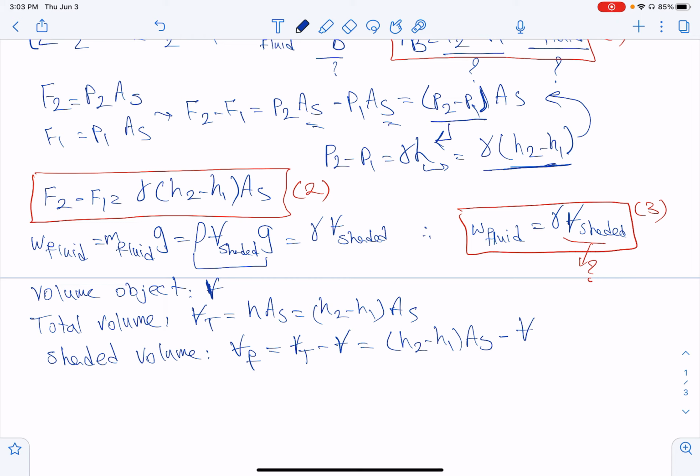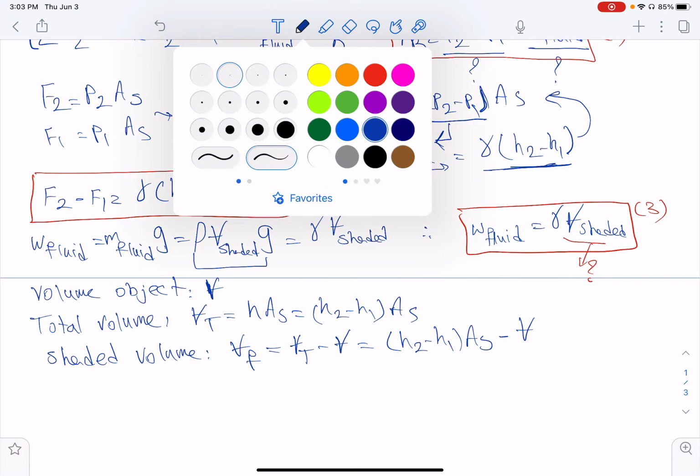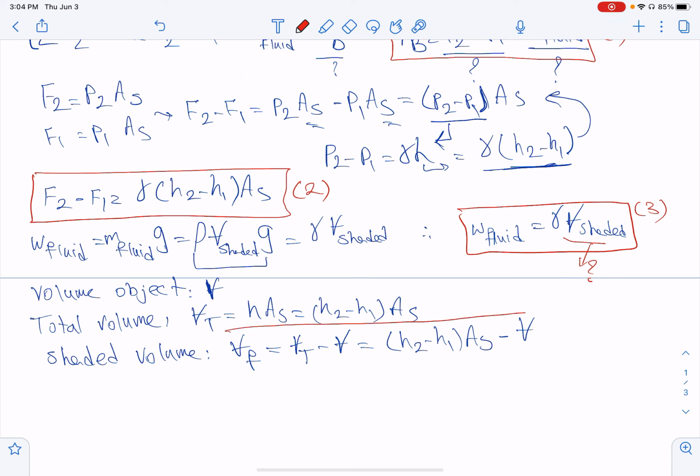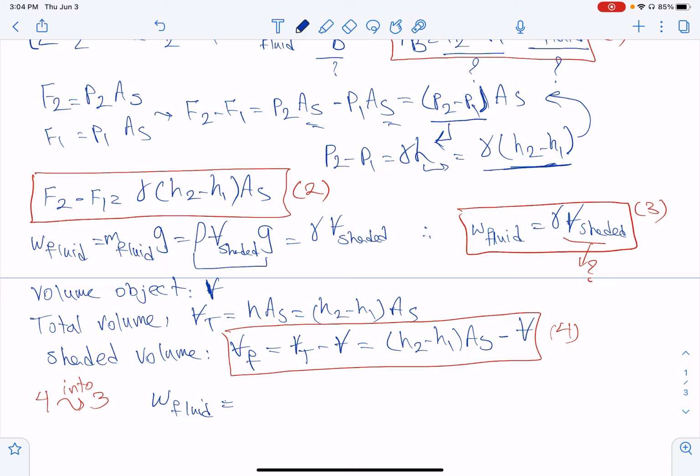Now, if we call this equation number 4, we need to plug number 4 into 3, and then we can find the weight of the fluid for that shaded region.